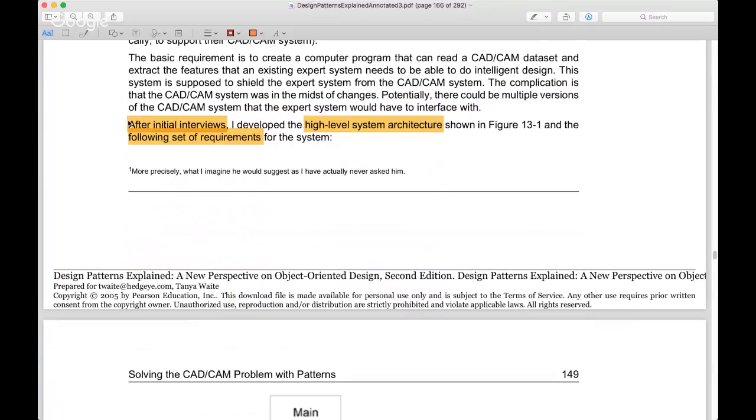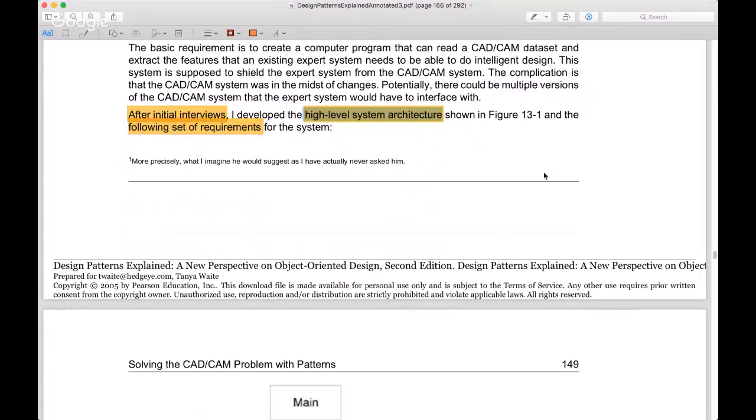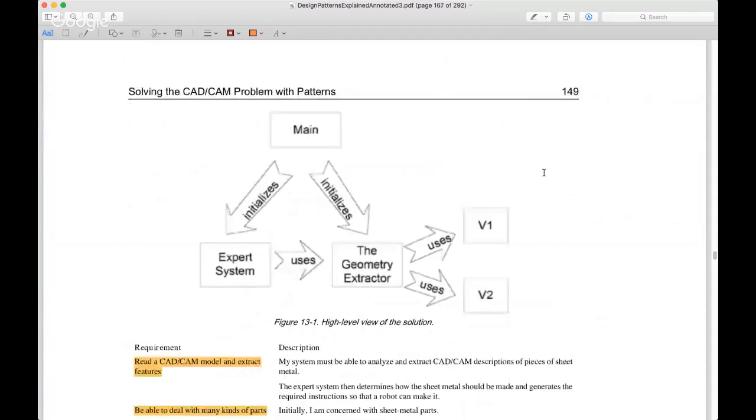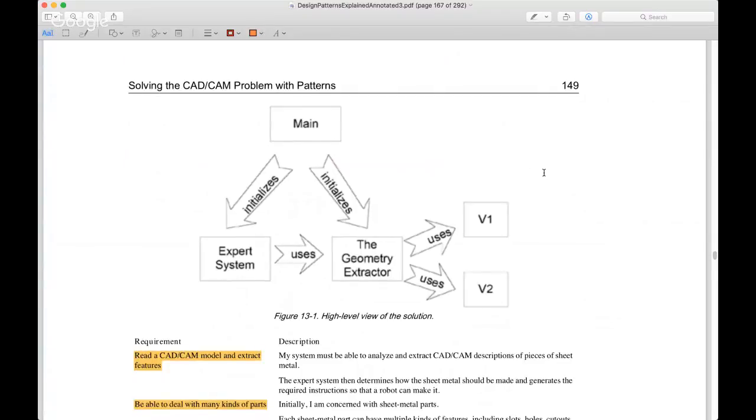So he got his initial requirements from interviews with the people that need the system. And he came out with the high-level system architecture shown in 13.1. So let's go down and look at that. Basically, the overall organization has this big process that coordinates the expert system with the CAD/CAM systems, and what he's developing is the geometry extractor.